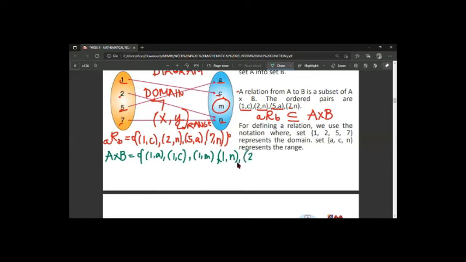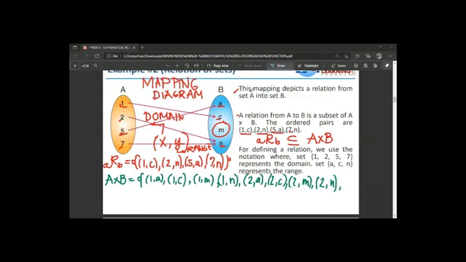So 2, comma A, 2, comma C, 2, comma M, then 2, comma N. Okay, let's continue. So we're done with number 2, distributing it to each of the elements of B.